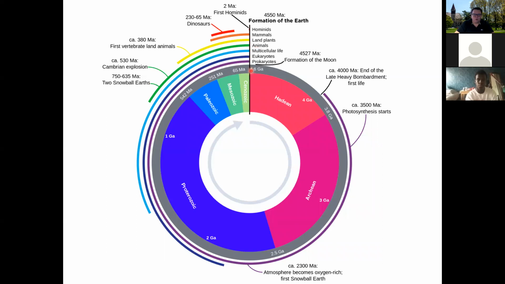So I already alluded to it, 4.55 billion years old, of dust, we start to accrete planets, and by about 4.52, so not very long, about 30 million years, we recognize the formation of the moon.